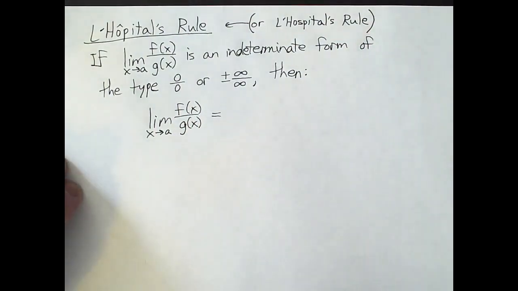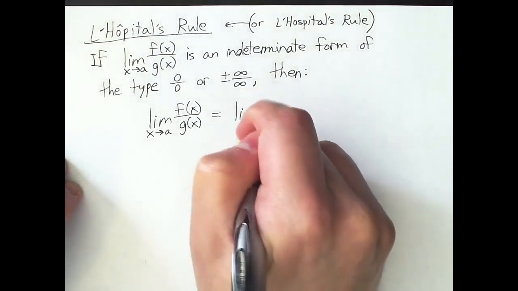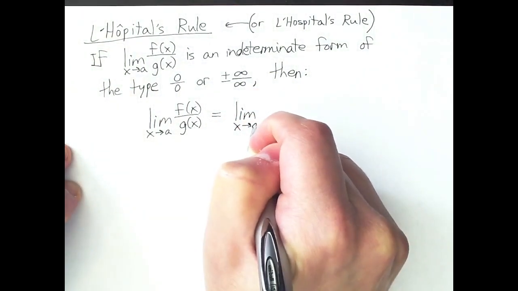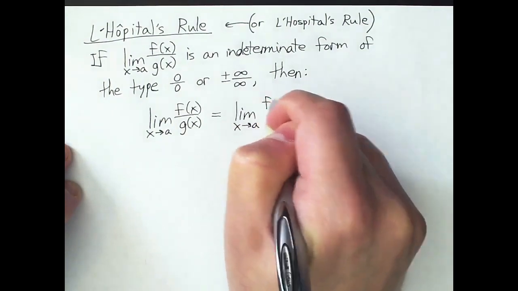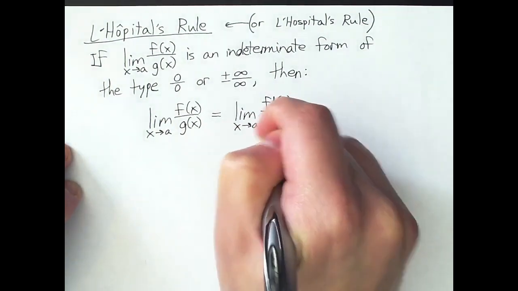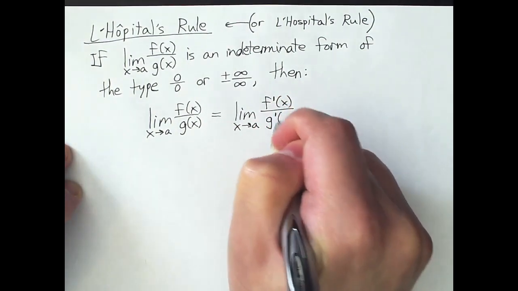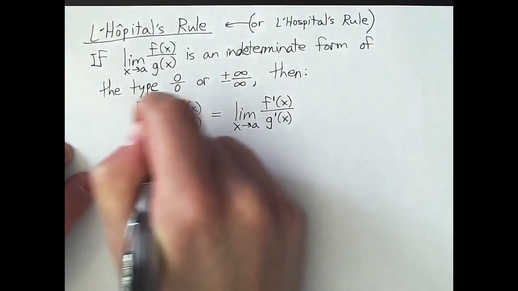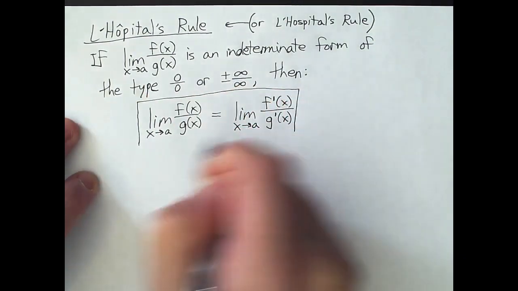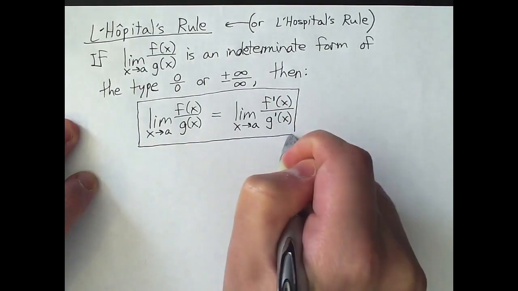All right, ready for this formula? It equals the limit as x approaches a of f prime of x over g prime of x. Yeah, the derivative of the top and the derivative of the bottom.